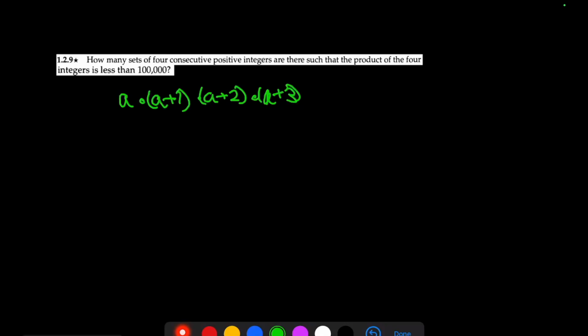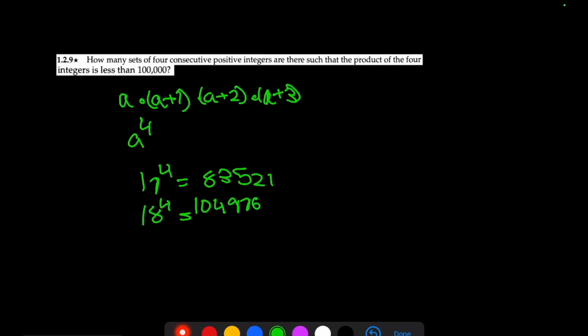Let's just approximate that to be a to the power of 4. And if we find powers of 4 that are really close to 100,000, we get 17 to the power of 4, which is 83521, and 18 to the power of 4, which is 104976.